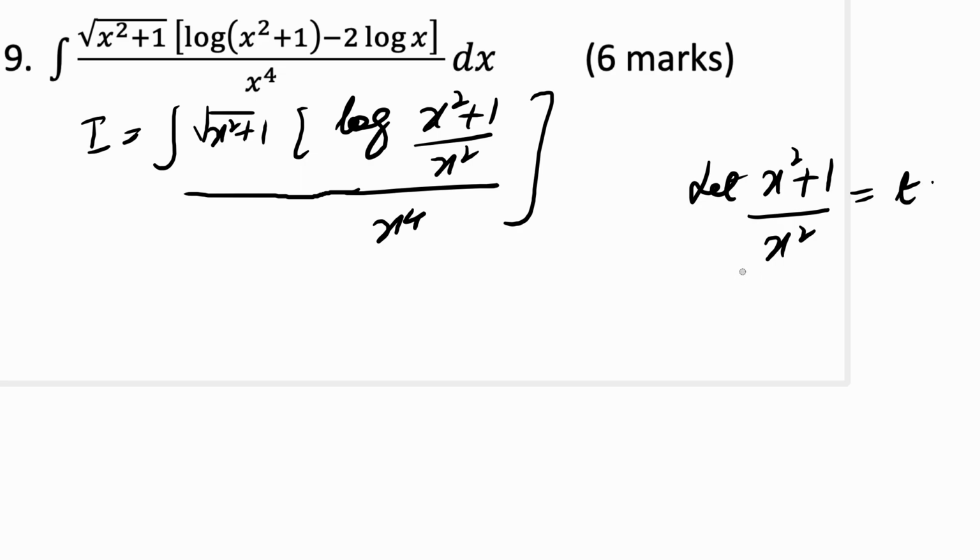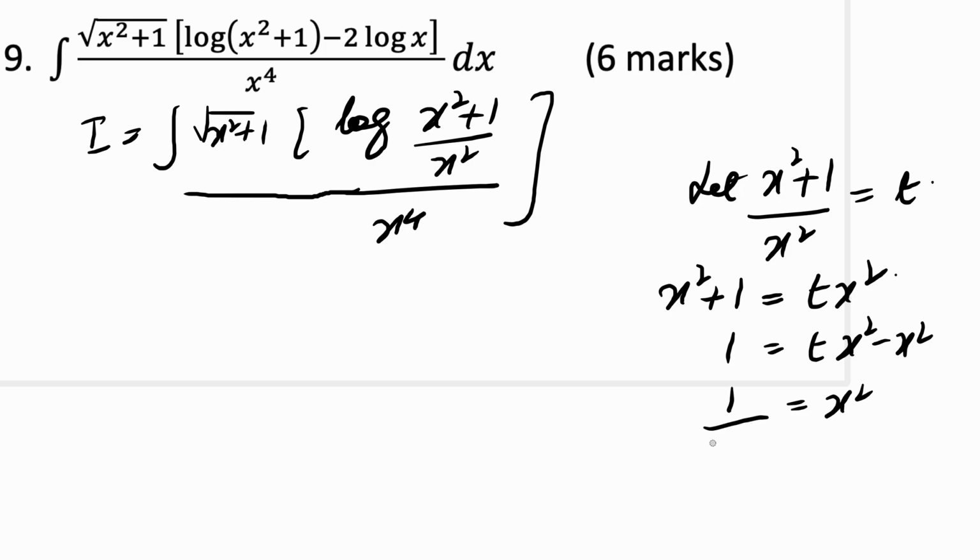Now we will not differentiate anything, but if we simply do some algebra and try and write the whole thing as x square is equal to something, t into x square. So what will this become? This will become t x square minus x square, 1, x square is equal to 1 upon t minus 1.